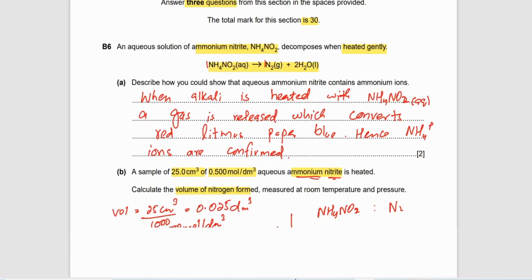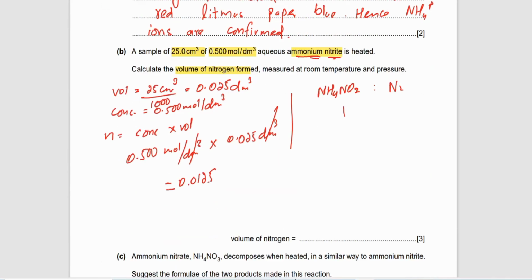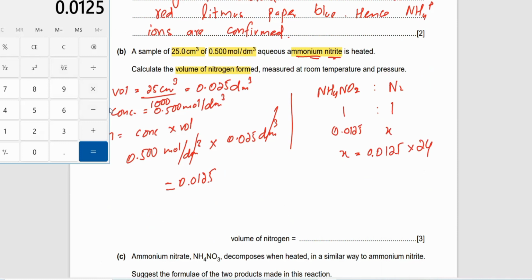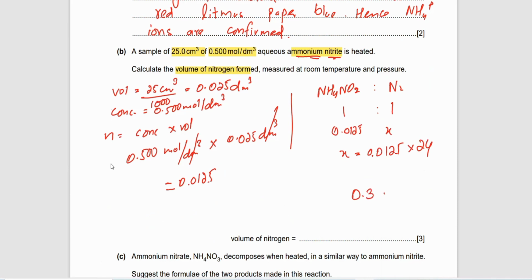So if we have 0.0125, x will be equal to 0.0125. What we have to find is volume, multiplied by 24, because 1 mole contains 24 dm cube. Multiplied by 24, 0.3. This is the answer.